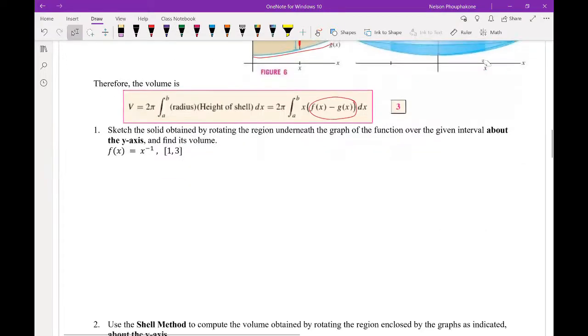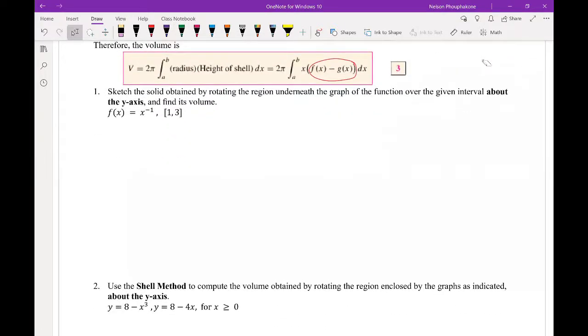Okay, so then now let us look at our first example. Remember, always try to sketch the function to see what we are going to have. So in this case, we have 1 over x.